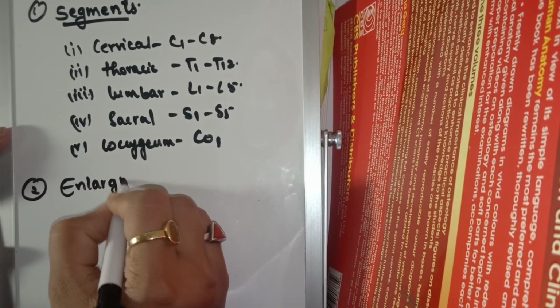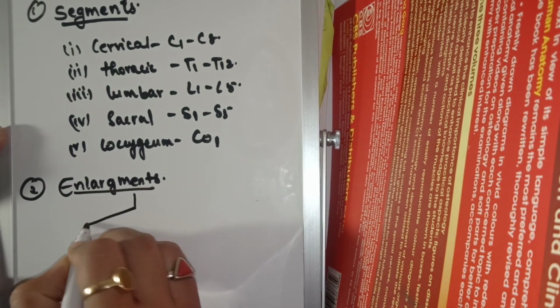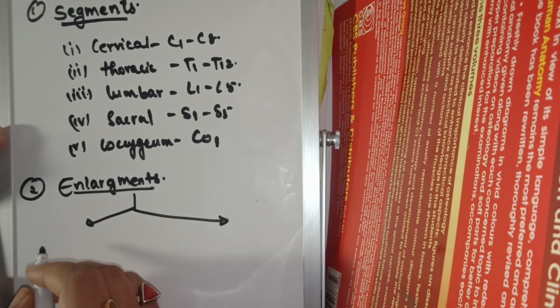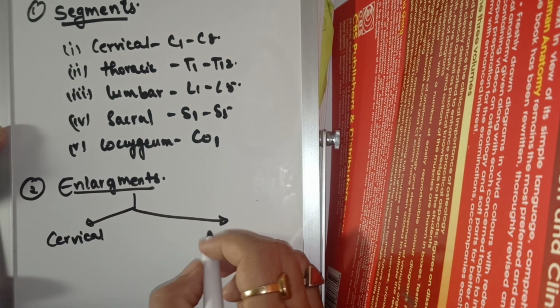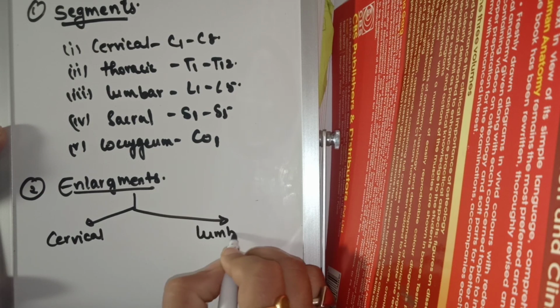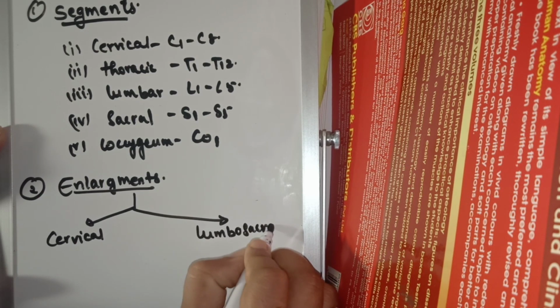Okay, now we will talk about the enlargements of the spinal cord. There are two enlargements. The first is cervical and the second is lumbosacral.